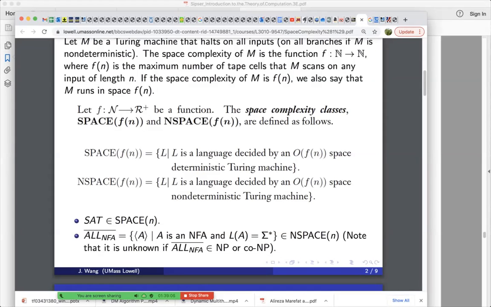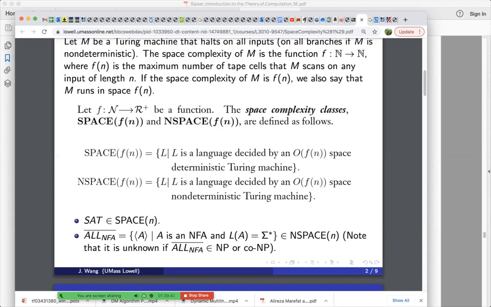We know that they are simply classes of languages accepted by deterministic Turing machines in space big O of f of n, or non-deterministic Turing machines in space big O of f of n. Then we have these two examples. The first one says SAT is in deterministic linear space.